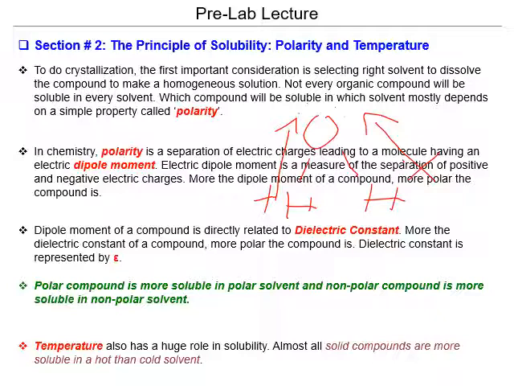So it's pulling the electrons inside these bonds closer to itself. That side of the molecule is more negative, and the side where the hydrogens are is more positive. So let me erase this. The molecule has a permanent dipole.